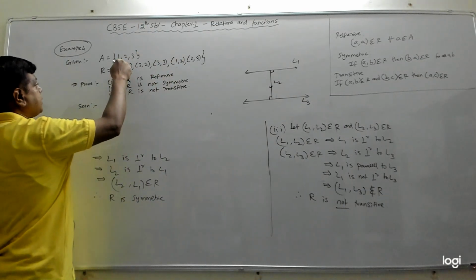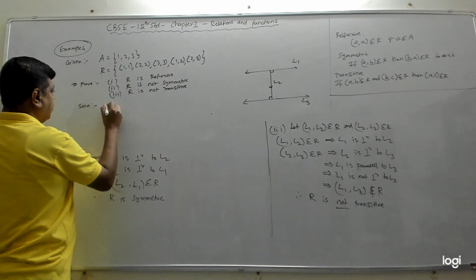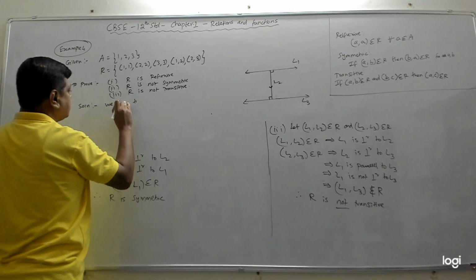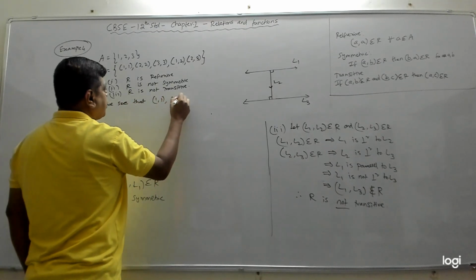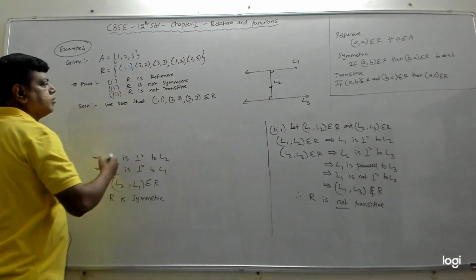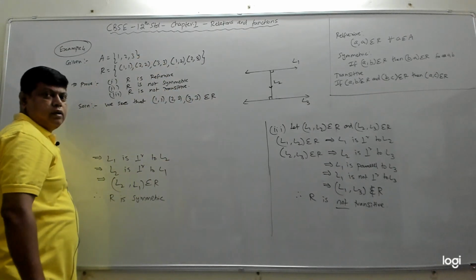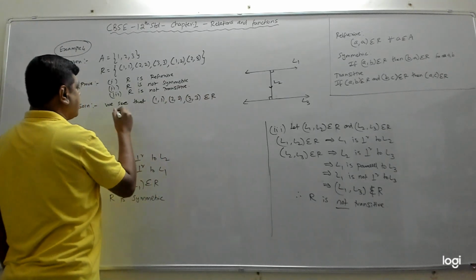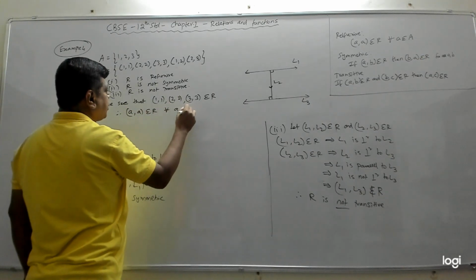Anyway, here we have only 3 elements, and all of (1,1), (2,2), (3,3) are in R. So we see that (1,1), (2,2), (3,3) all belong to R. Every element 1, 2, 3 in A is related to itself, its pair is present in R. Therefore we can say (a, a) belongs to R for every a belonging to set A.